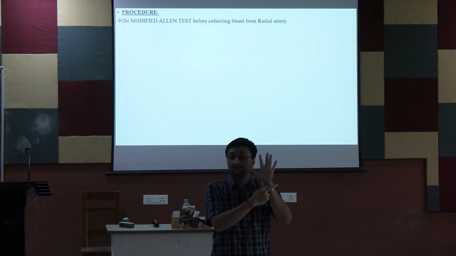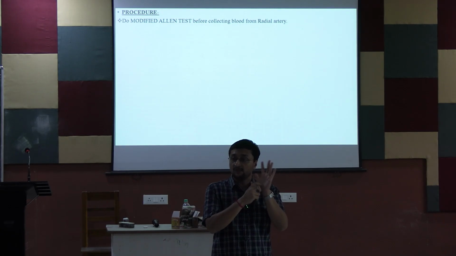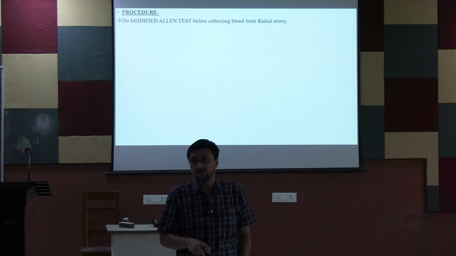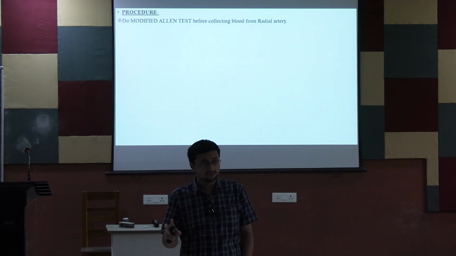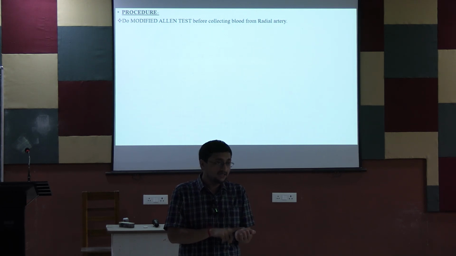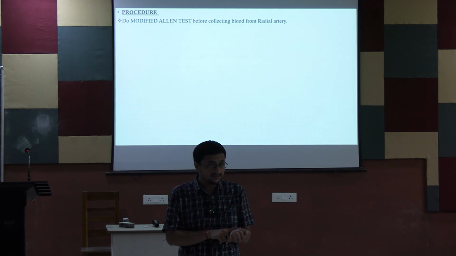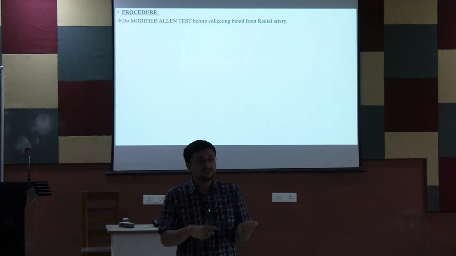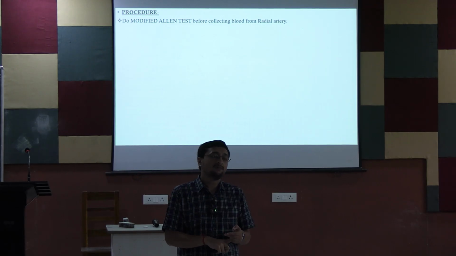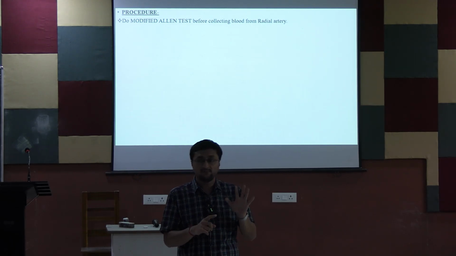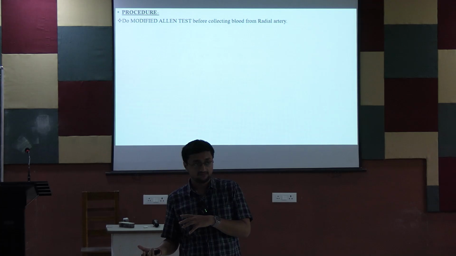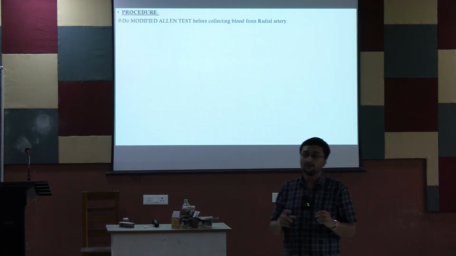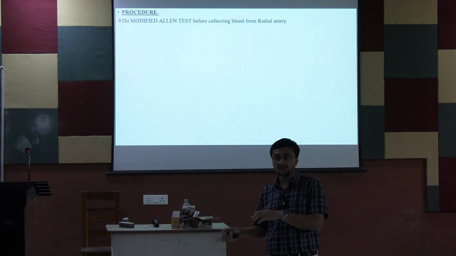Within 10 to 15 seconds, the color of the palmar area will be back to normal. Understood? If the ulnar artery is patent, then the blood will go through the ulnar artery, bypassing the radial artery, and supply the palmar area. And the palmar area will be red, right? So this is the modified Allen test, and you do it with the radial artery and the ulnar artery.